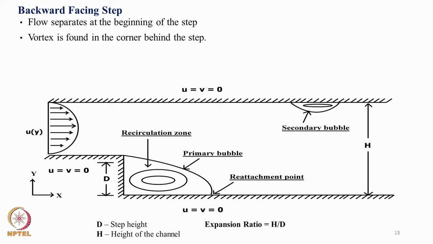There is another situation for the same problem. Depending on the Reynolds number and the flow condition, for the same geometry you may have a situation where there is a secondary bubble formation on the top wall. Here also you can observe that for some part of the location u is positive, that is going from left to right, and for some part u is negative, that is going from right to left, and this u positive or u negative depends on your coordinate definition.